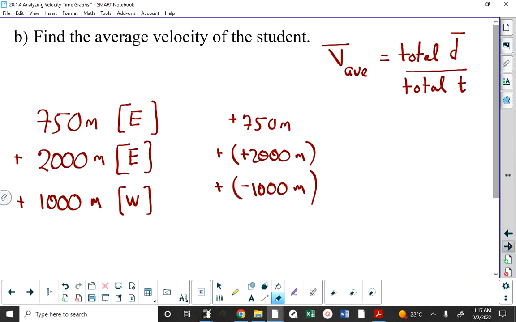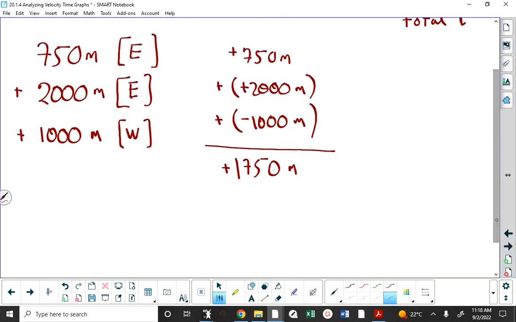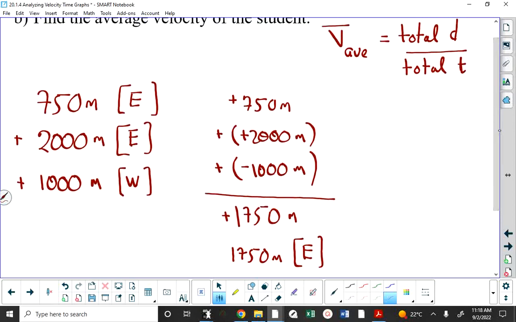This takes all of the thinking out of it. When I add these numbers together, I get positive 1,750, do I not? Meters. And that means that the total displacement is 1,750 meters east. So now I can take the 1,750 meters.